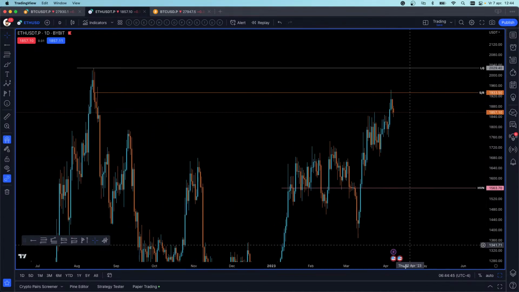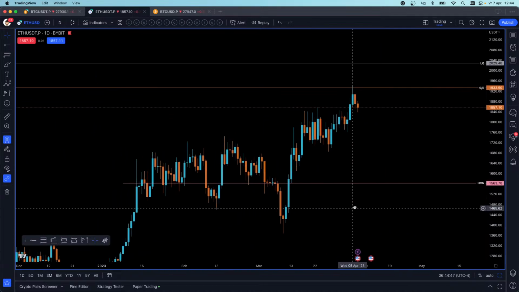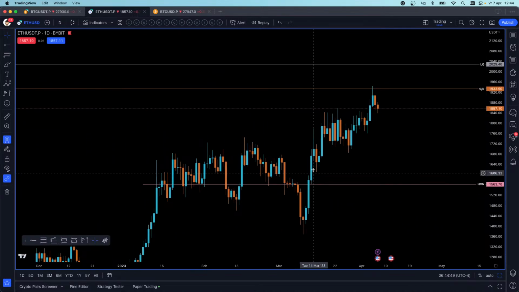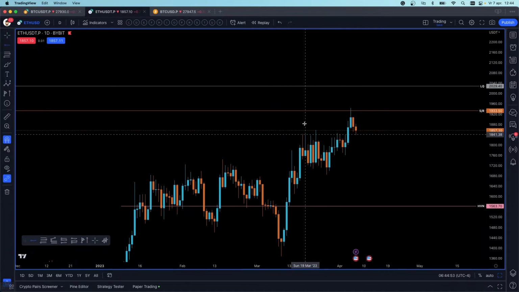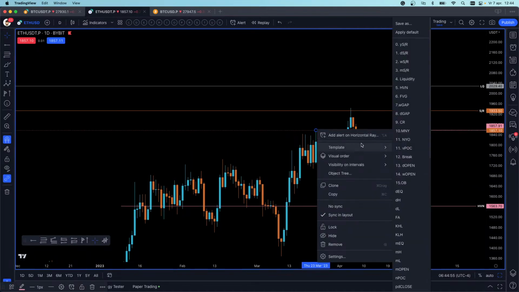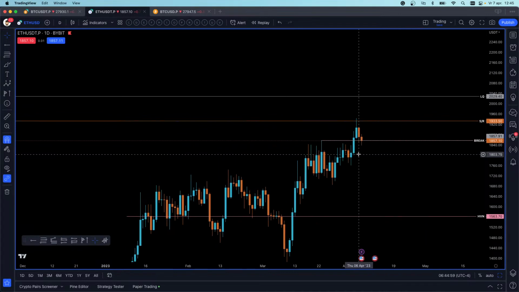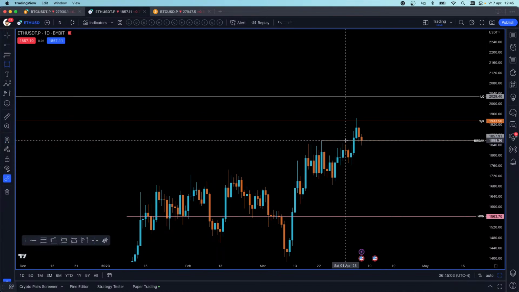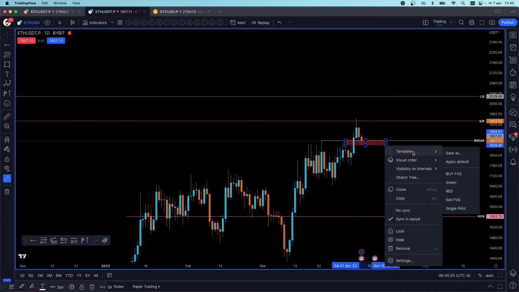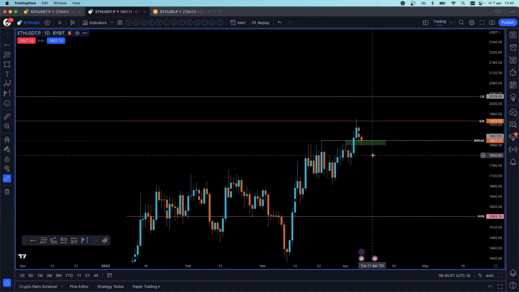All right, just to dive a little bit deeper in here. We broke this high as well, came back into the fair value gap, moved higher. So same thing right now. We broke this high. That is the break. And we are trading into this gap, which I would like to hold if it wants to trade higher.